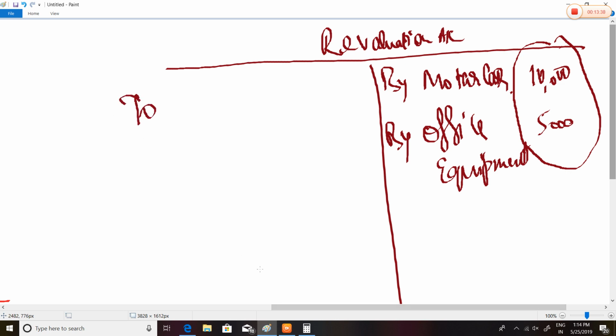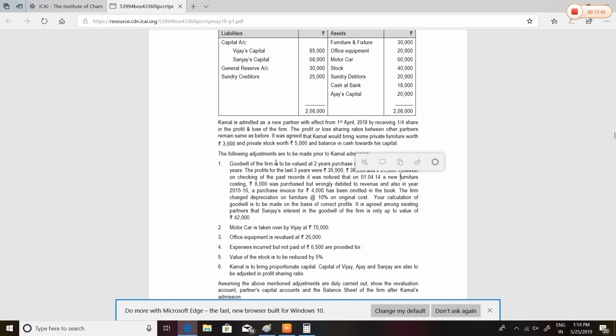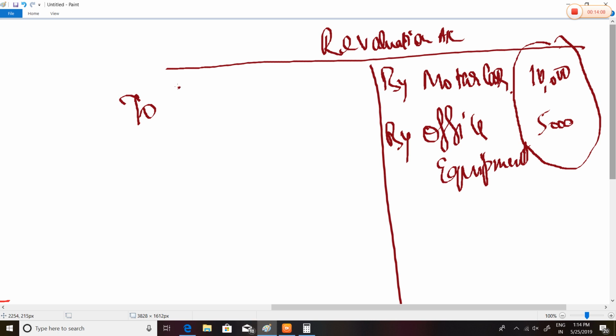Okay. 2. Expenses incurred but not paid of rupees 6,500 are provided for. That means expenses have been incurred but not paid, 6,500 was to be provided for. That is 6,500 we have to provide for.